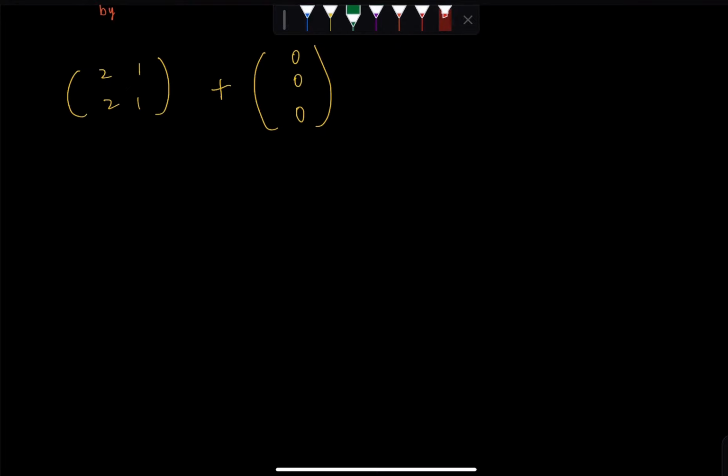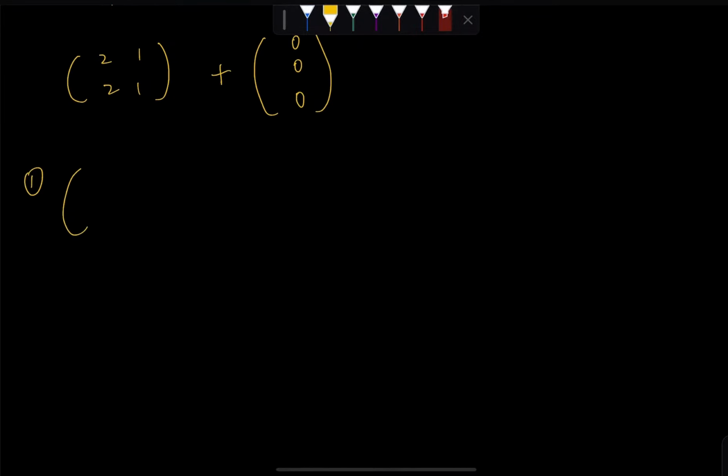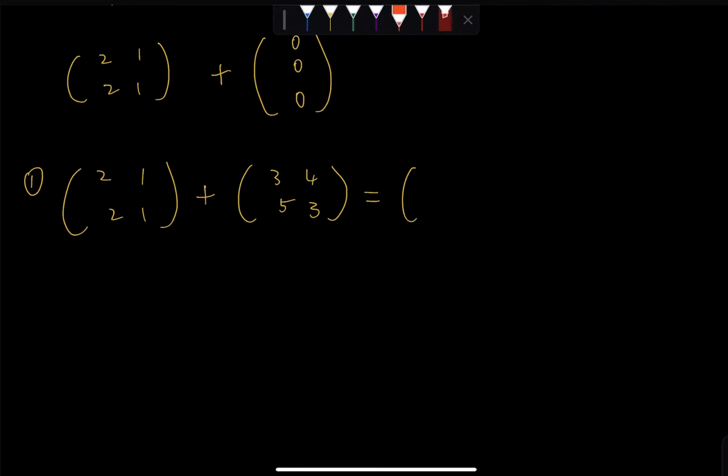So let's have an example here. So let's have 2, 1, 2, 1 plus 3, 4, 5, 3. As you can see, they're the same dimension, so you can add them together. So what you do is you look at all of these numbers in each of these matrices, and first of all, you take the first one of the first matrix, and you take the first one of the second matrix, and you just add them together.